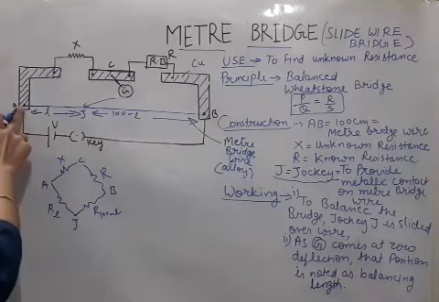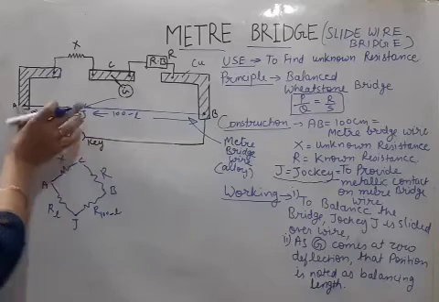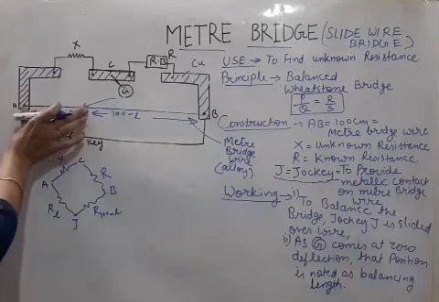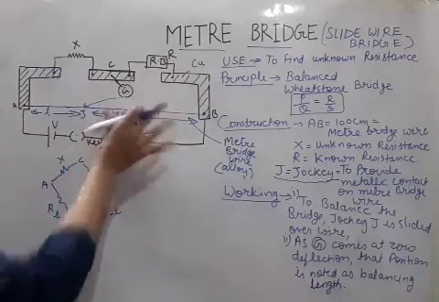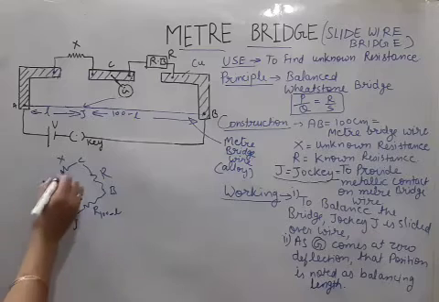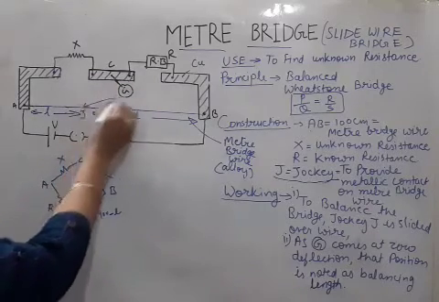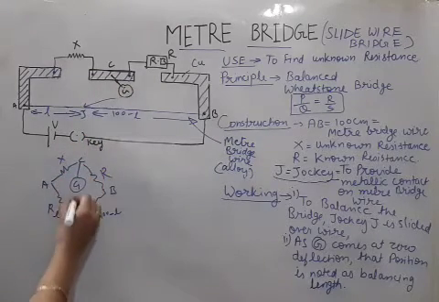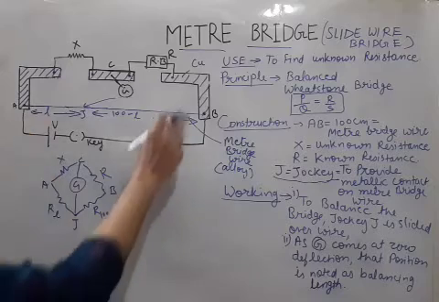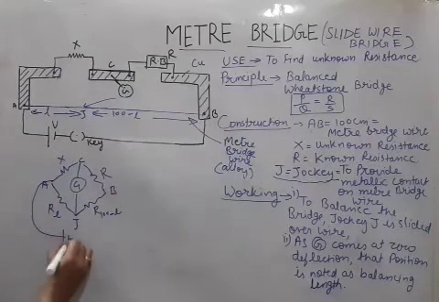Okay. So the meaning is, this part of the resistance we are calling R_L, and this part of the resistance we are calling R_(100 minus L). Then between points C and J there is the galvanometer, and between points A and B there is the battery and key.